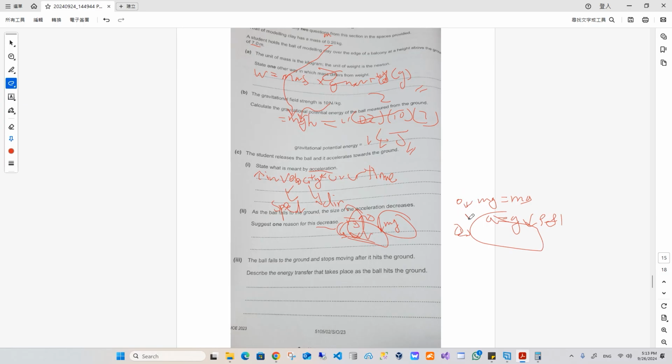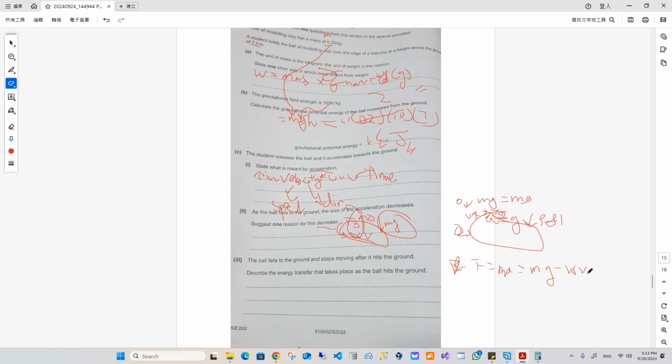But once your speed increases, you cause your drag force to increase. So your resultant force, ma, is equal to mg minus drag. Your drag is proportional to velocity, so I just call it kv.